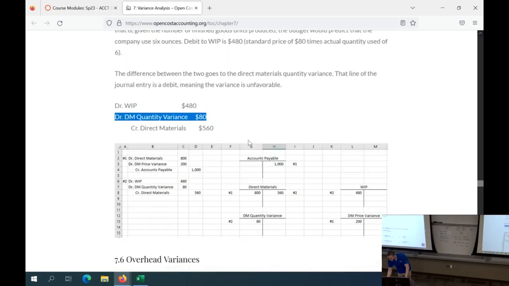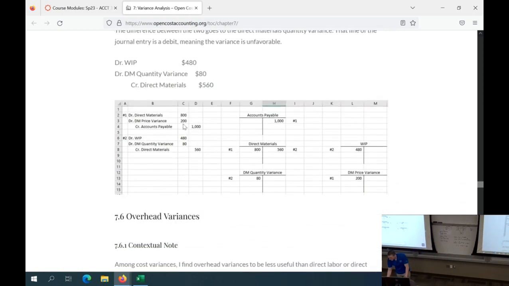Okay, and now if we track this through, we've got a total amount of $520 we have to account for. Full standard is $480. The full actual is $1,000. We have $280 of it accounted for by these two variances.